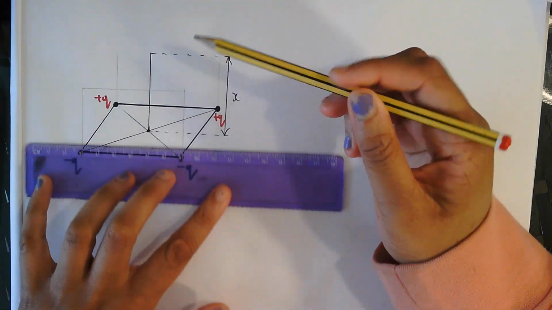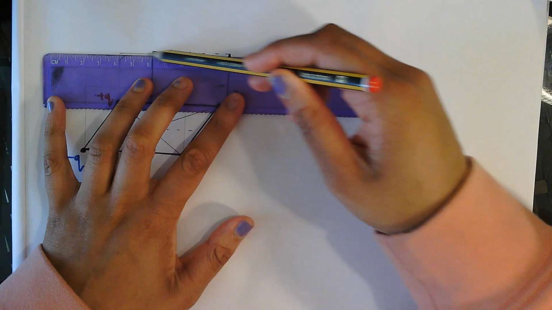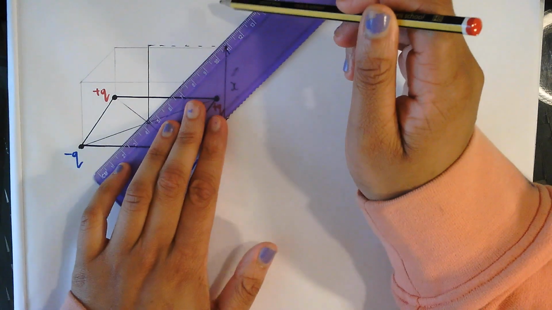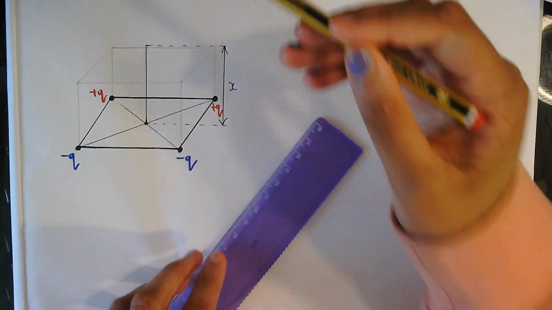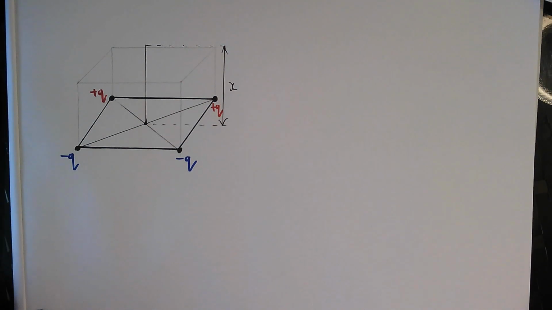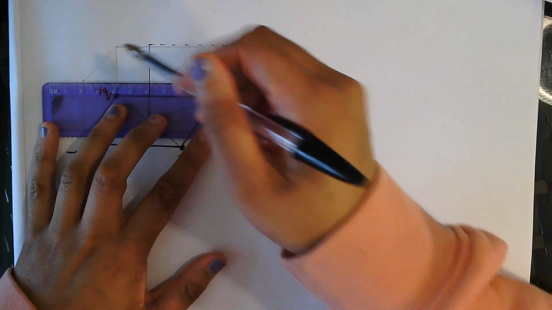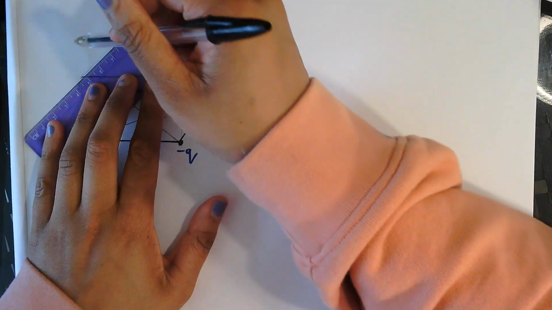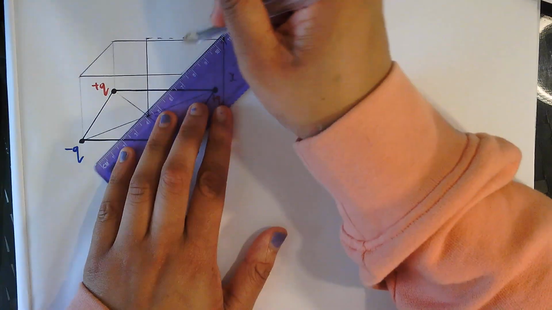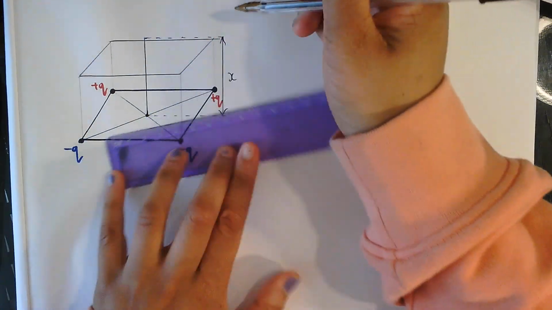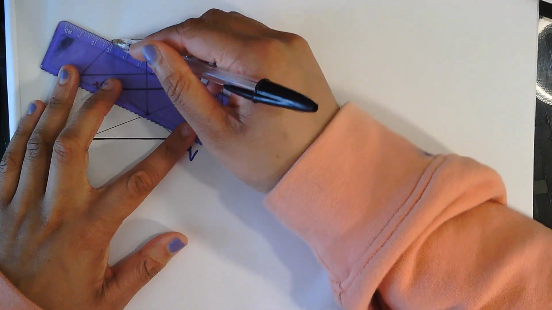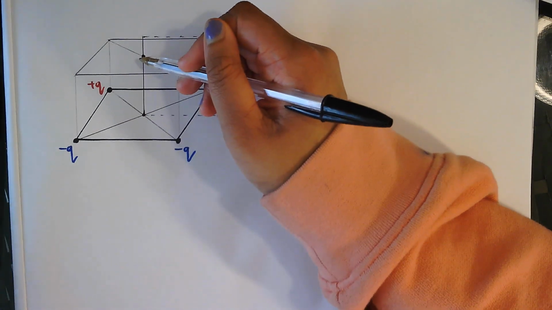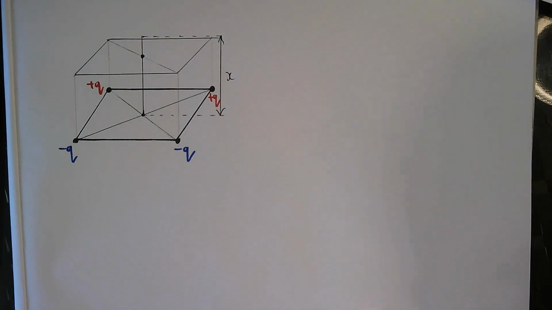And you'll see in a moment why I'm drawing this plane on. So this is the point on this plane where we need to work out the electric field strength from.